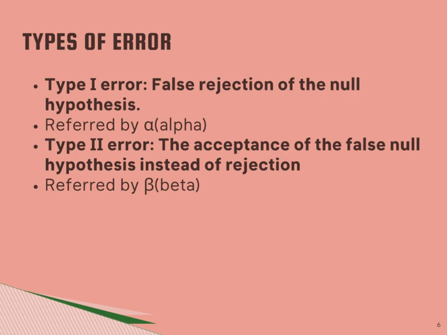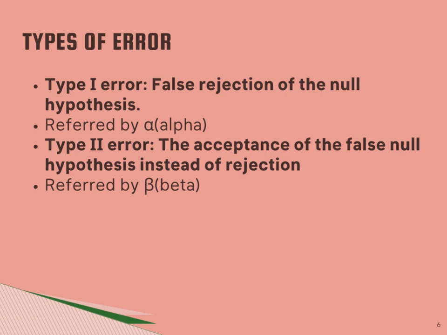Another concept related to error is statistical power. It means the probability of correctly rejecting a false null hypothesis, which means detecting a true effect. The formula of the power is 1 minus beta. High power is desirable to reduce the likelihood of type 2 errors.